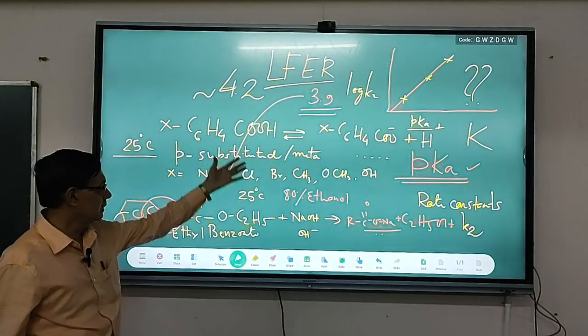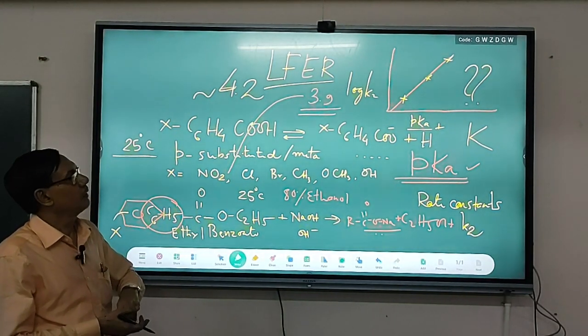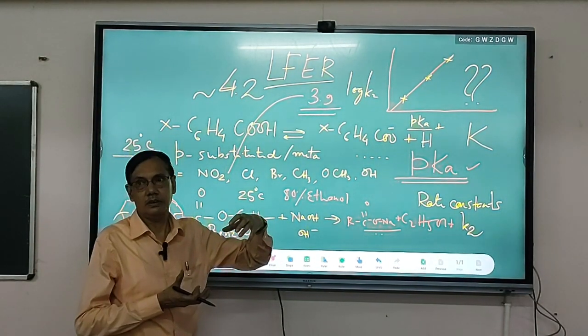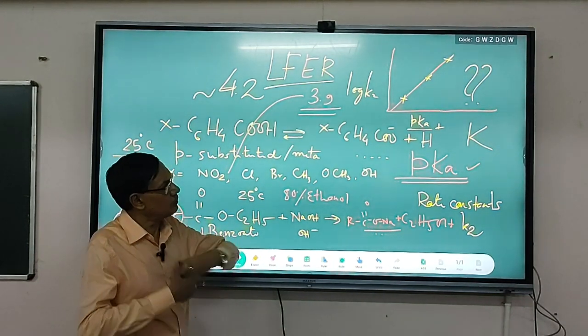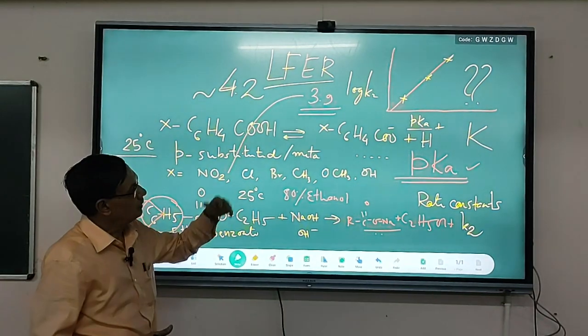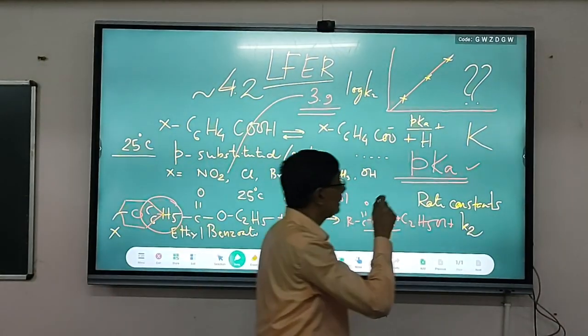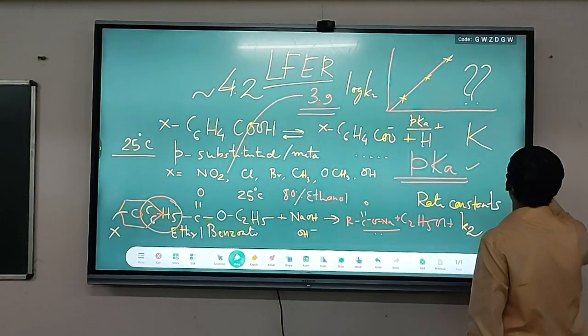On the basis of this, a large number of scientists have also studied, so sometimes it is called an empirical relationship. Then he studied a large number of reactions and tried to connect kinetics as well as thermodynamics. So now I am giving the results I have taken from the literature.